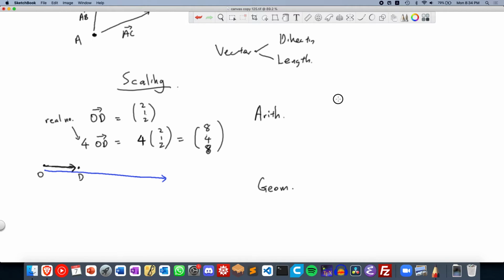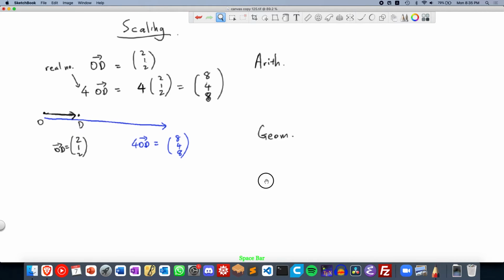So that's the effect of scaling. Initially OD is going to be (2, 1, 2), but at the end, 4OD is going to be (8, 4, 8). So that's the geometrical picture of scaling vectors.